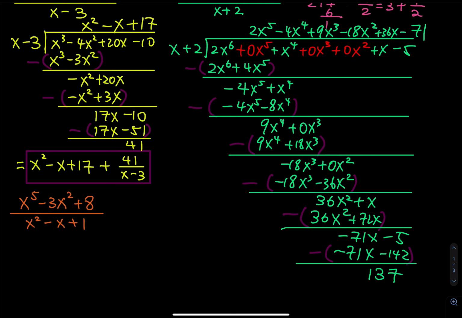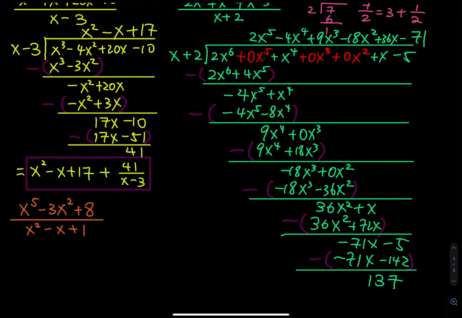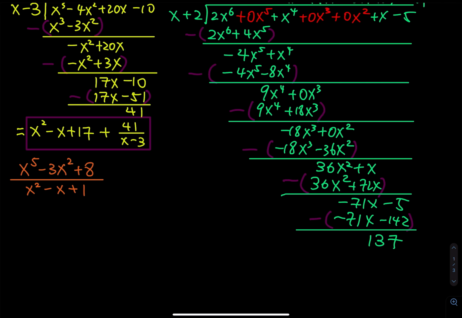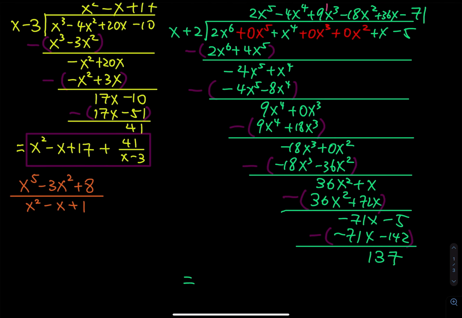So how do you express that using the division algorithm? Here is how: you copy the given problem again, and you say whatever I gave you is equal to 2x to the fifth minus 4x to the fourth plus 9x to the third minus 18x squared plus 36x minus 71.